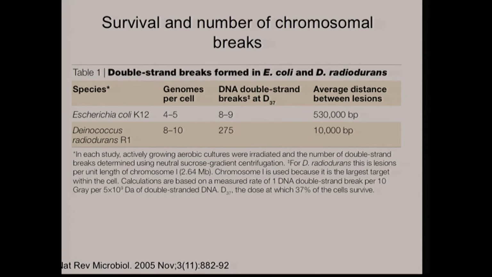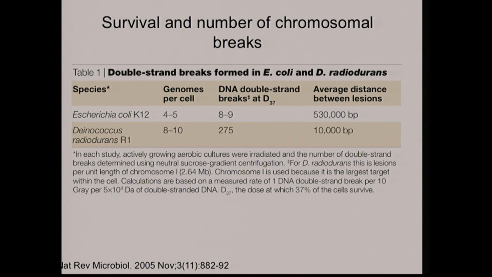And for comparison, take what is called the D37, the dosage at which 37% of the cells will survive. E. coli, growing exponentially, will have about 4 to 5 copies of its genome per cell.